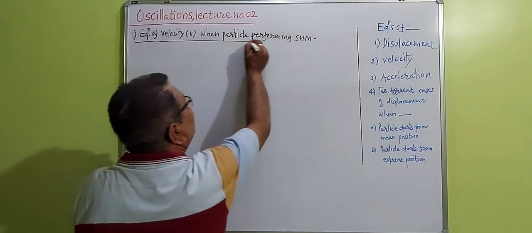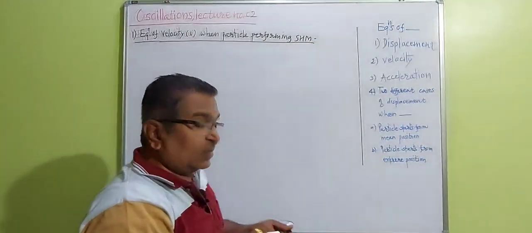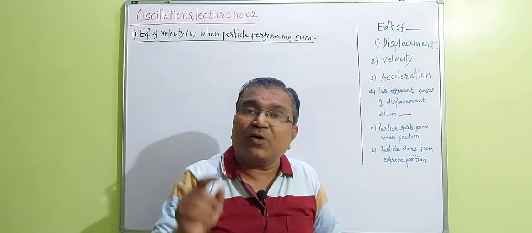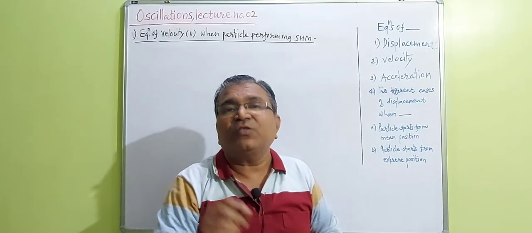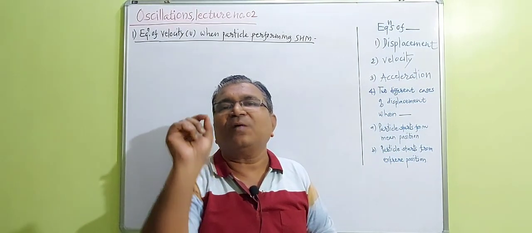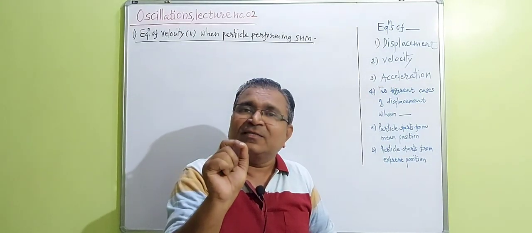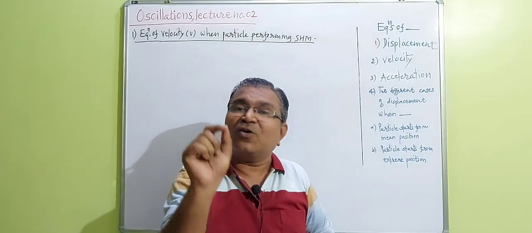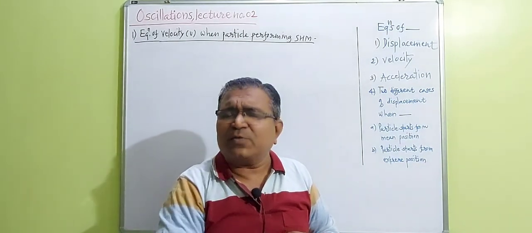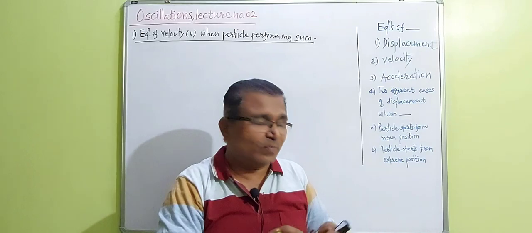Listen carefully, dear students. While deriving the formula of velocity, we should know the formula of acceleration. So this is the starting point to derive the formula of velocity. So what is the equation of acceleration?